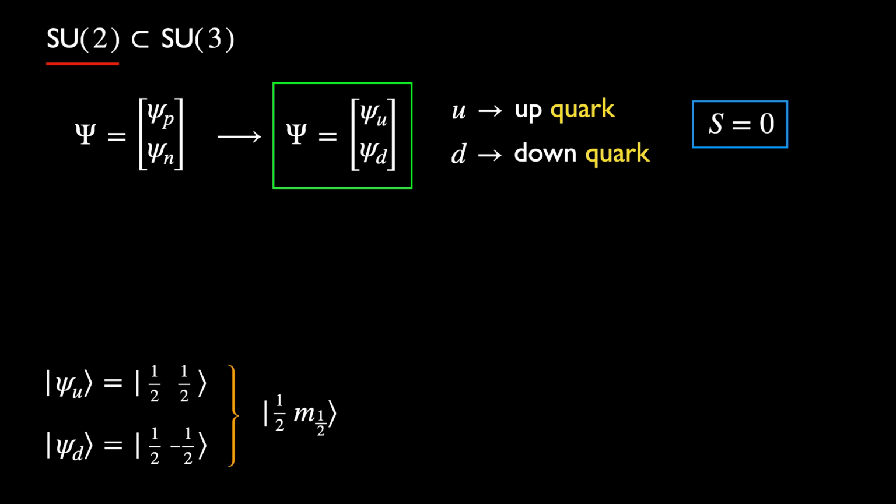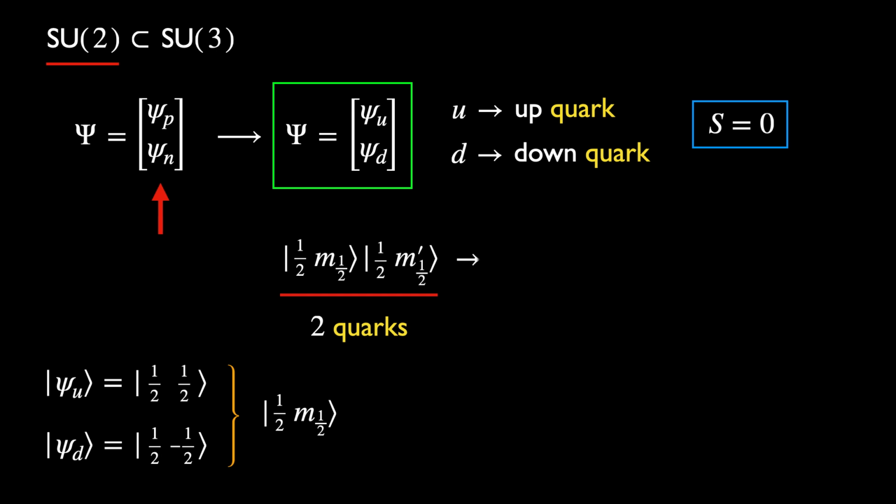Let's try to construct the heavier nucleon doublet out of the quark doublet. Putting two quarks together, from these basis states, we can construct two sets of states with isospins t equals 0 and t equals 1, each forming an SU(2) multiplet. This is what we have worked out in lecture 21 from how angular momenta are added for quantum states.